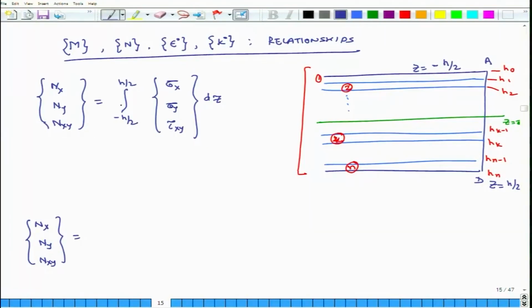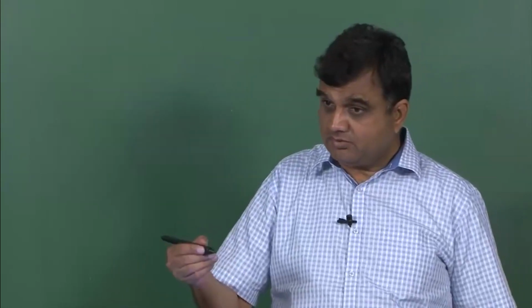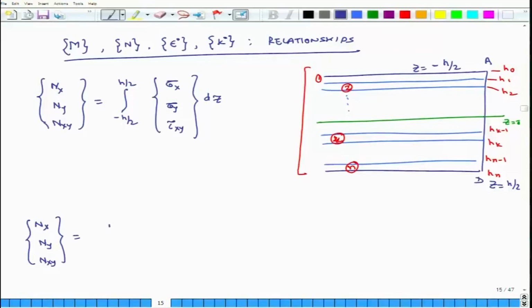So, instead of a single integral, when going from one layer to another we have to add, and within the layer we can integrate, because within the layer the stress varies linearly, while across layers stress jumps. So, once I move from one layer to another, I have to add, but within a layer I integrate.